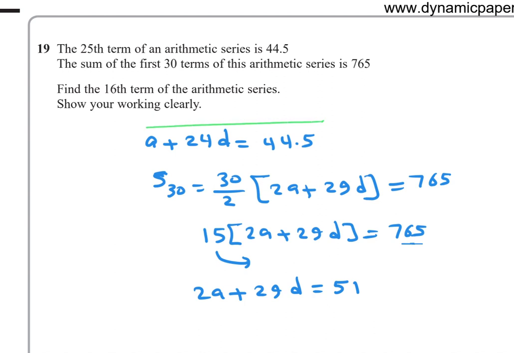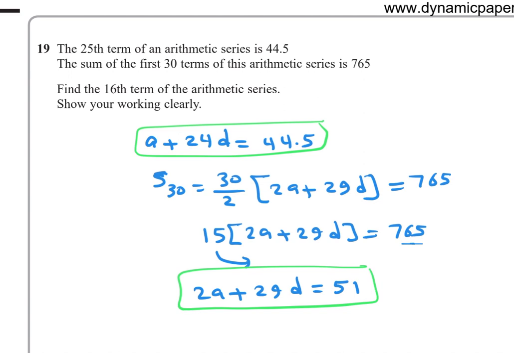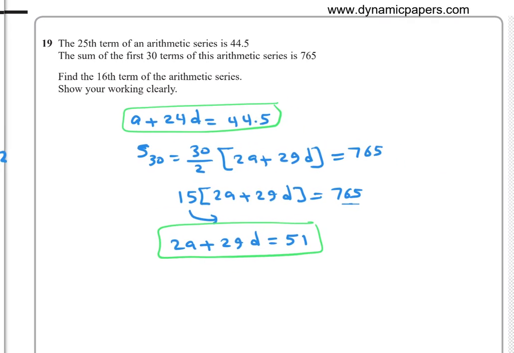Now we have two equations. This is the first equation. This is the second one. Now we can solve them simultaneously to find a and d. You can multiply the first equation by 2. It's going to be 2a plus 48d equals 89.